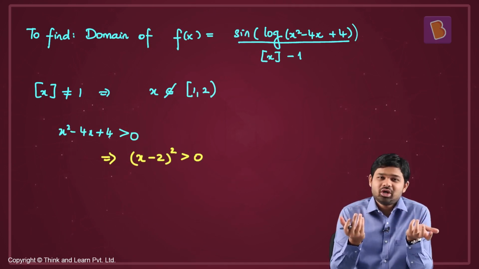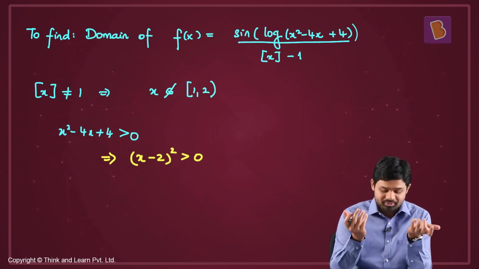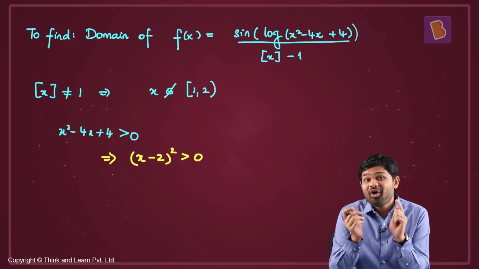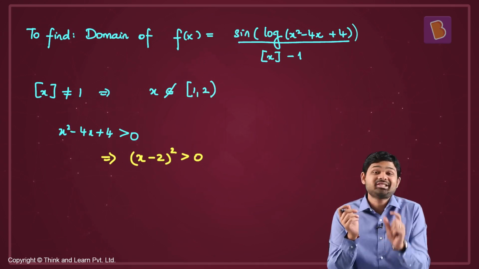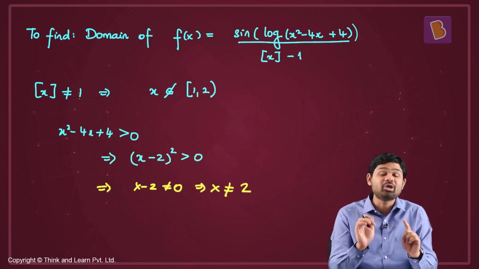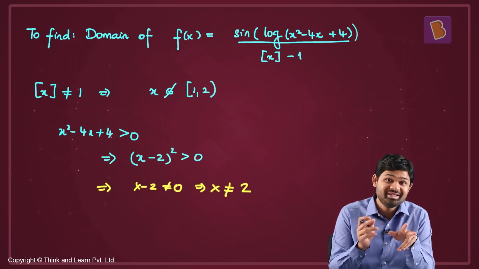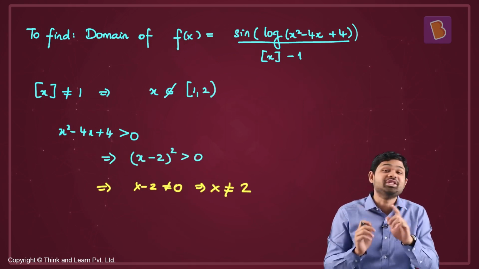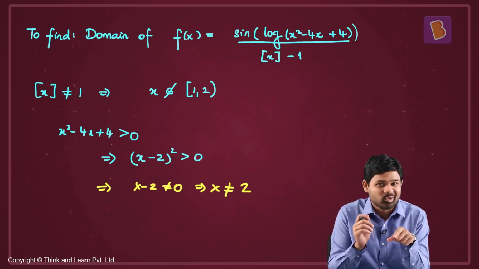Now x minus 2 the whole square is a positive number, and that is always greater than 0, except for the case when x minus 2 equal to 0, because then x minus 2 the whole square will be equal to 0. So x cannot be equal to 2, because if x equal to 2, then x minus 2 the whole square will become equal to 0, and log of 0 is not defined. So x equal to 2 is also an excluded value.